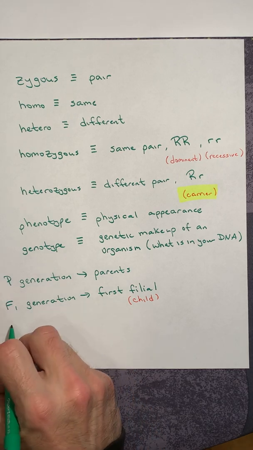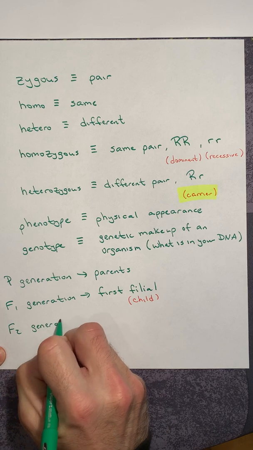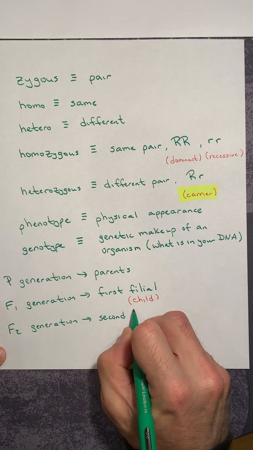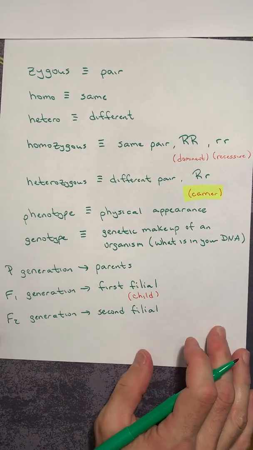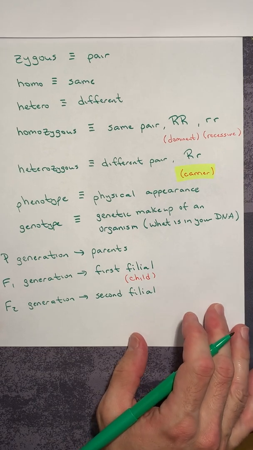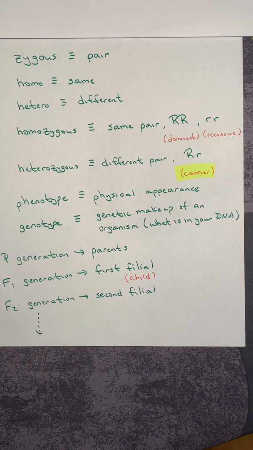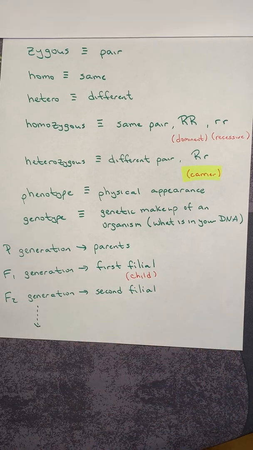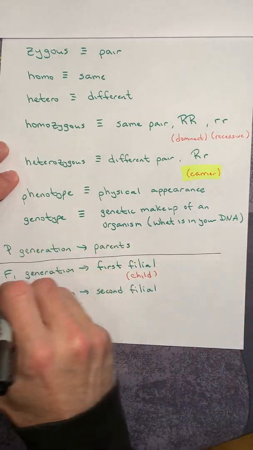And then you have the F2 generation, or the second filial. Now, most people don't say first filial and second filial. They just say F1 and F2. And then, of course, it goes on to F3, F4, F5. And then, depending on how you want to look at this, you can separate this like such.